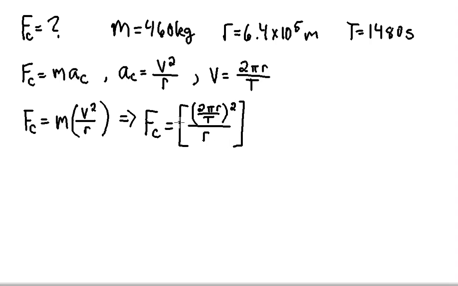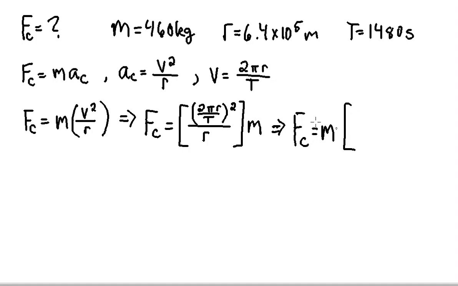Oh, and I left the mass out. So I'm just going to put it on this side. It doesn't matter which side it's on. Okay, so this is where we start. Now we can start to multiply this whole thing by itself. So let's work that out. Don't forget my mass this time.